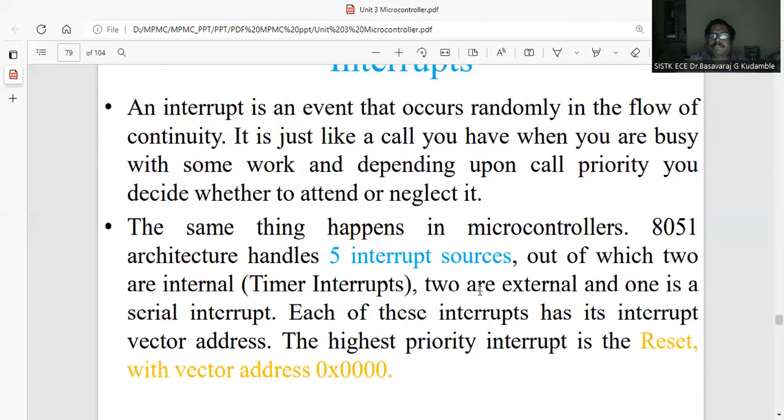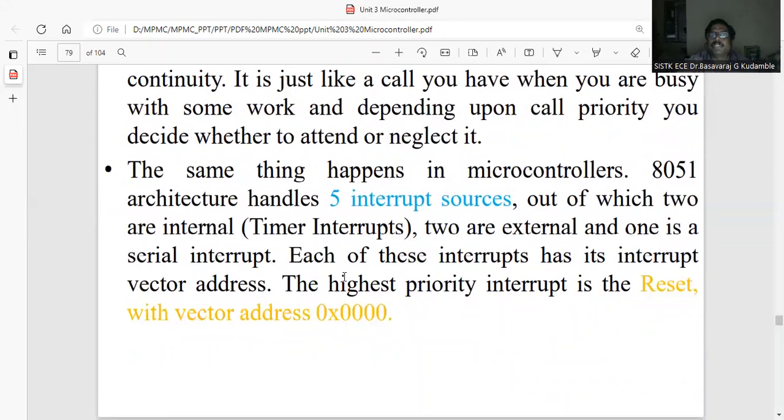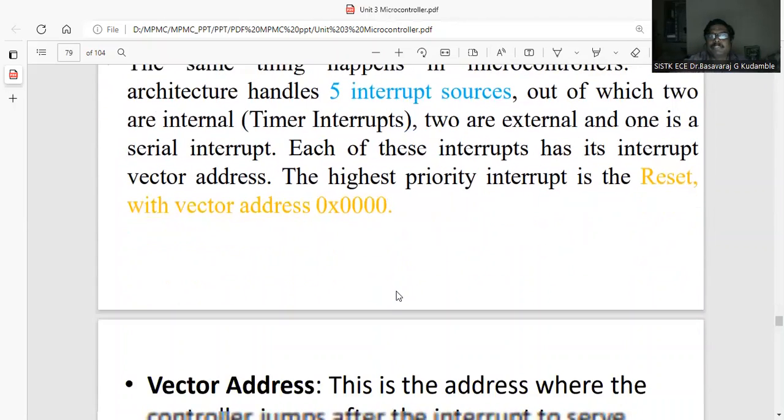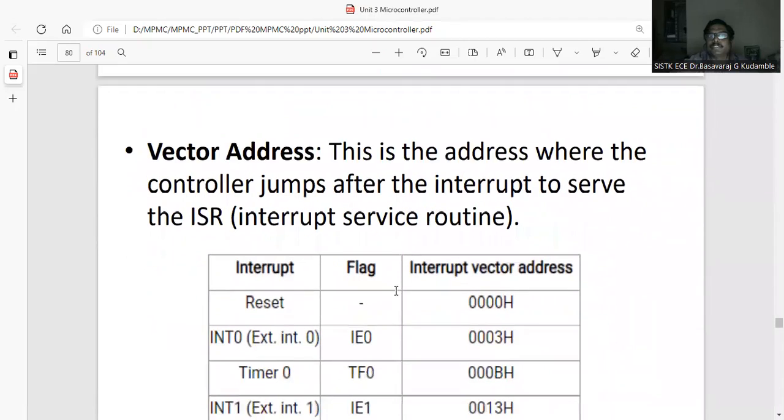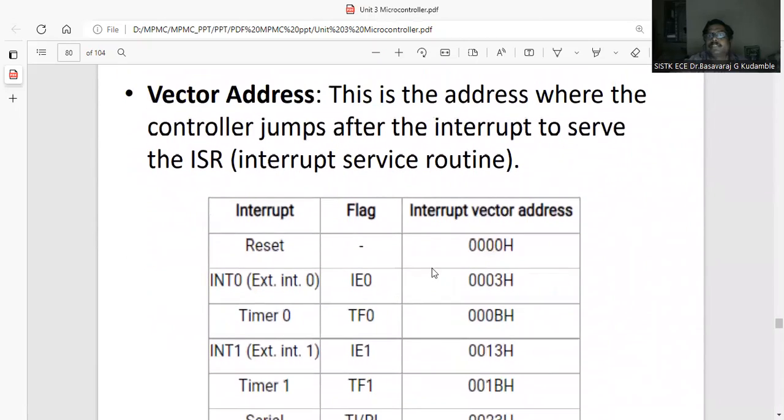There are 5 interrupt sources, out of which 2 are internal timer interrupts, 2 are external, and one is serial interrupt. Each of these interrupts has its interrupt vector address, means whenever an interrupt occurs, it will go to a particular address. The highest priority is reset, means it will go to 0 whenever a reset occurs. See here the interrupt vector addresses: when reset occurs, it will go to 0 memory location.